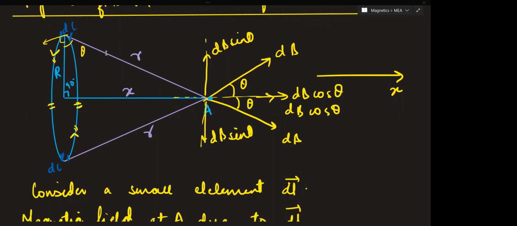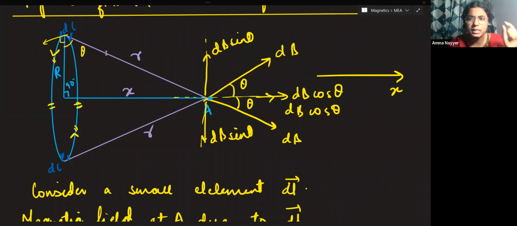dB. dB is the magnetic field. See, dl: all the small lengths, if I completely add them. Small dl's I'm adding. See, in the last derivation we also did it, when we integrated dl for calculation of the magnetic field at the center of the circle.